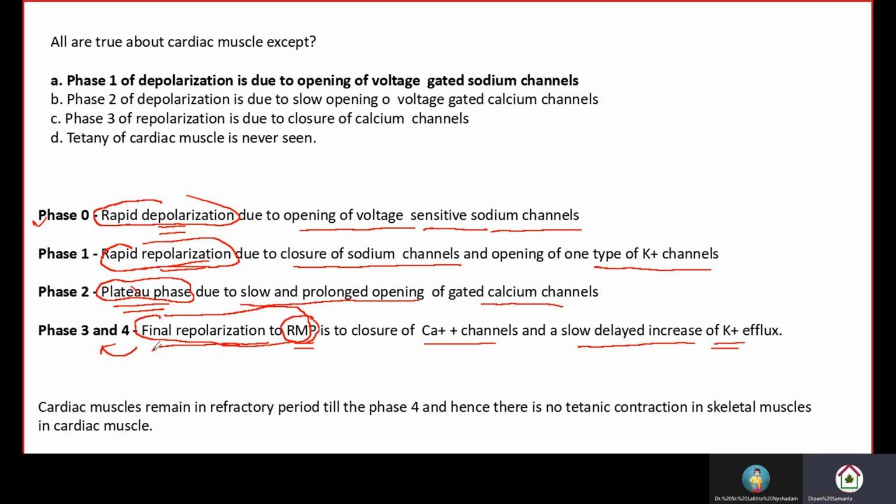Okay, so these names are also important. Another thing is that cardiac muscle remains in refractory period till phase 4, and there is no tetanic contraction in cardiac muscles.